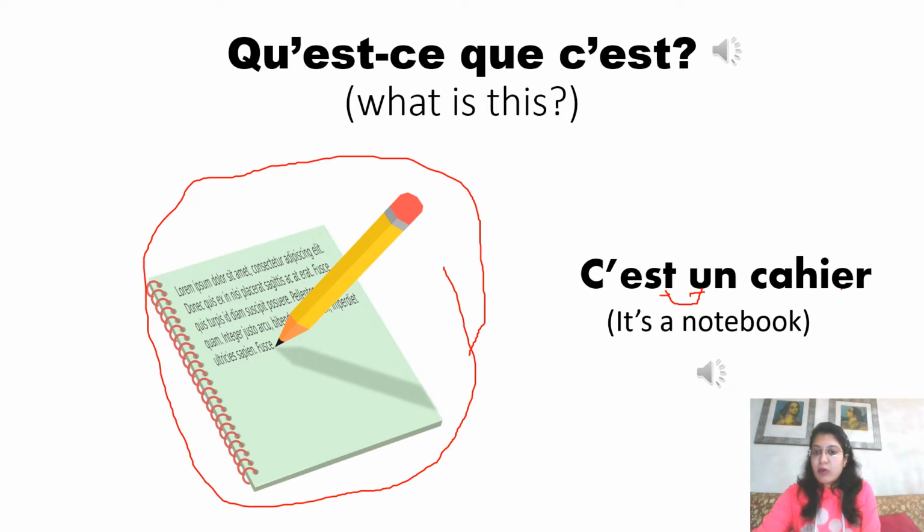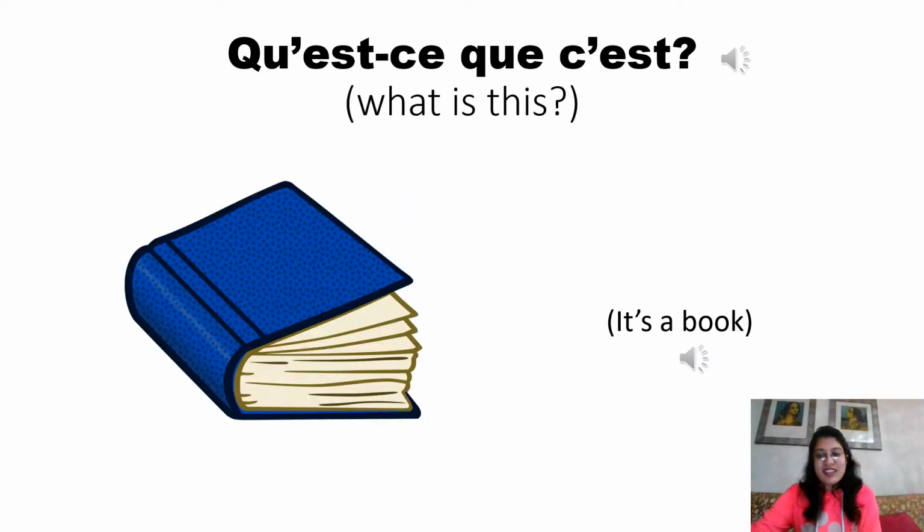That's why we are pronouncing it as setankai, setankai. Now listen to the pronunciation of the native French speaker to pronounce better. C'est un cahier. Again, c'est un cahier.